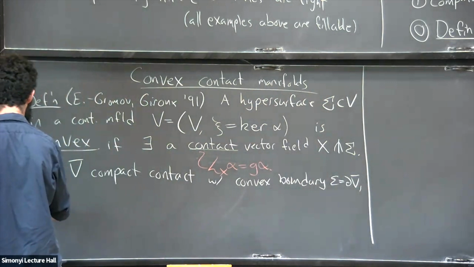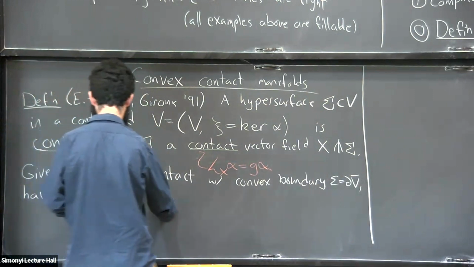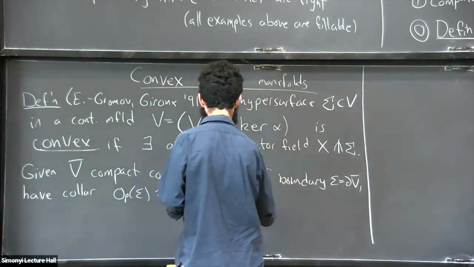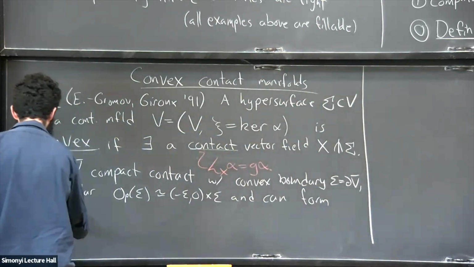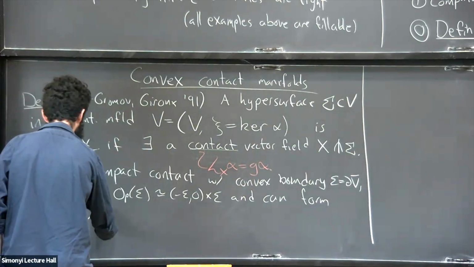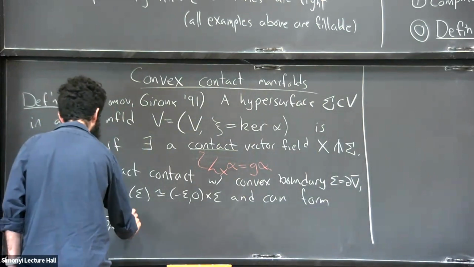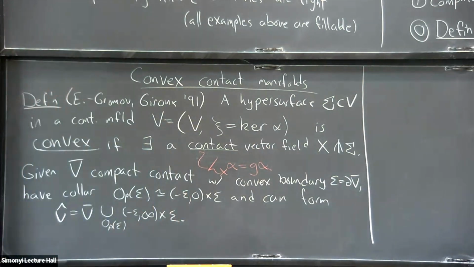So we have a collar, an open neighborhood of sigma, which looks like (epsilon, 0] cross sigma, and form this completion, B hat, as B bar union along this open neighborhood with the infinite interval. And then by a convex open contact manifold, I mean one of this kind.